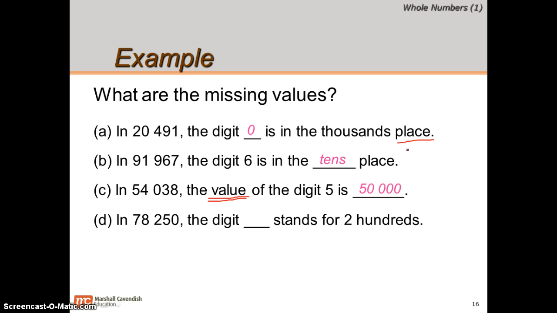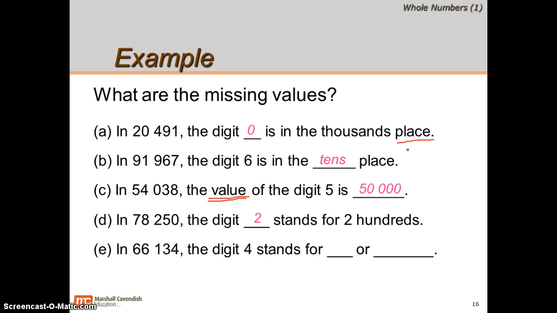Next, in 78,250, the digit what stands for 200s? The digit is very obvious here. 2.